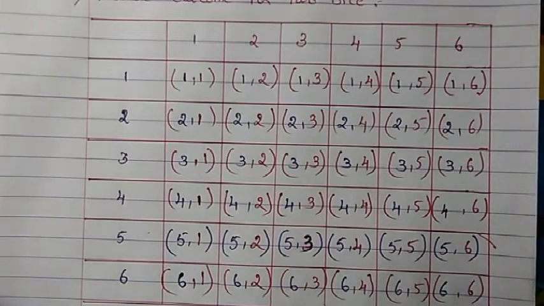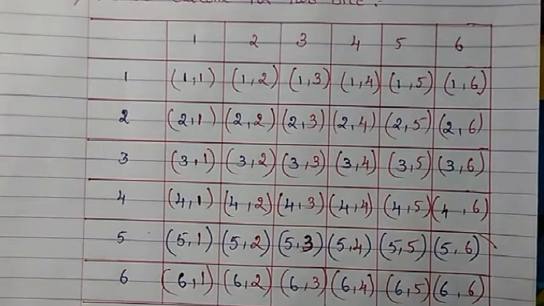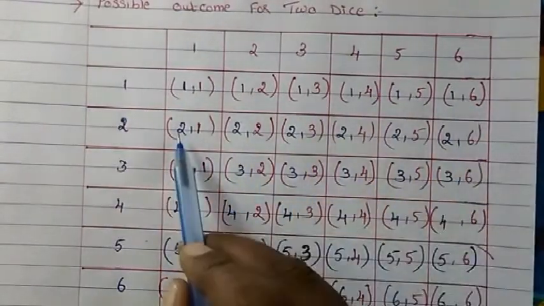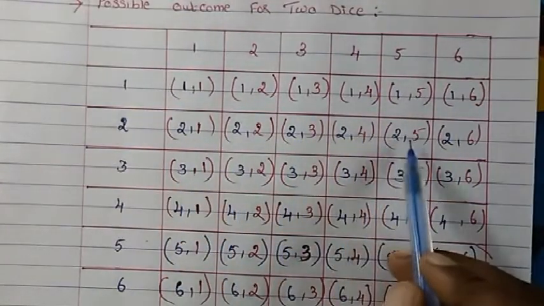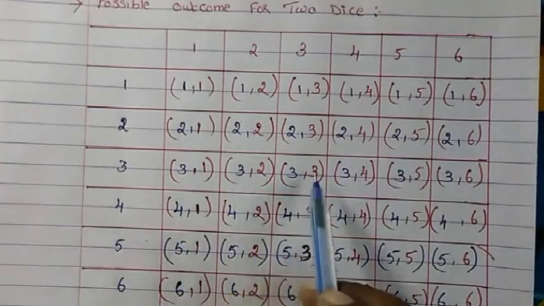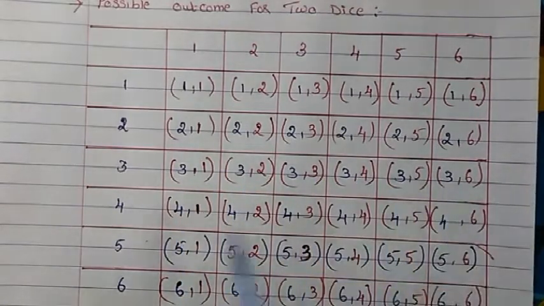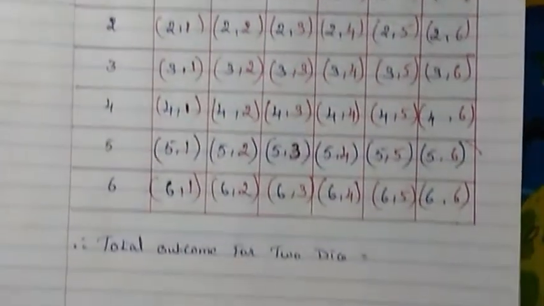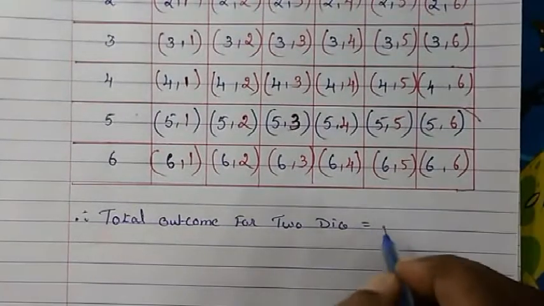So now let's count how many total possibilities there are with 2 dice. 1, 2, 3, 4, 5, 6, 7, 8, 9, 10, up to 36.